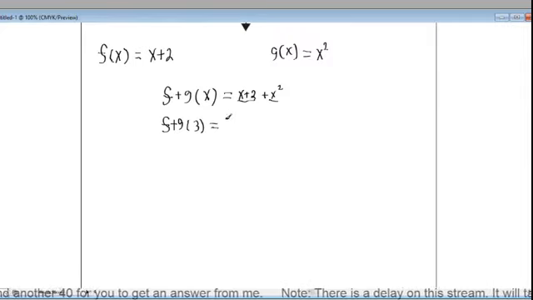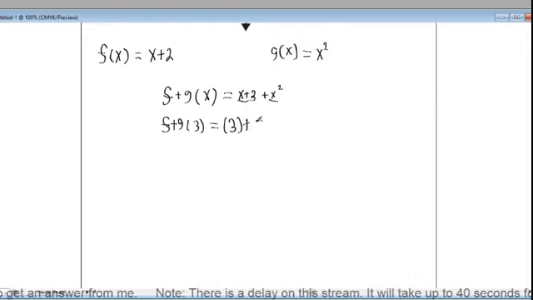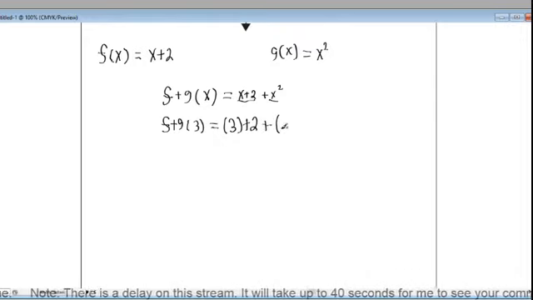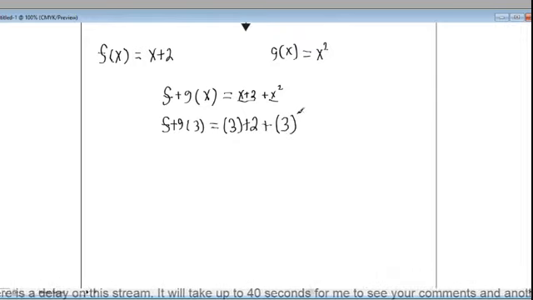So, plug in a 3 for that x. And plug in a 3 for this x. And now we can go ahead and use our simplifying methods and figure out what this value is.